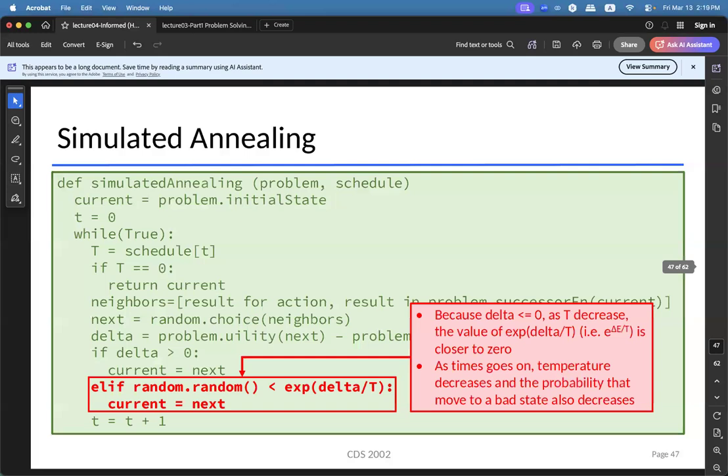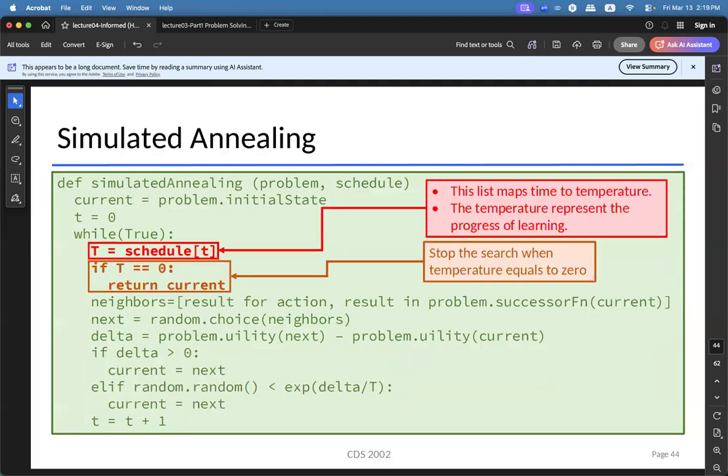We introduce a variable called temperature. The temperature will keep on decreasing as the search goes on. If the temperature becomes zero, the search has been running for a long time already, so we stop.